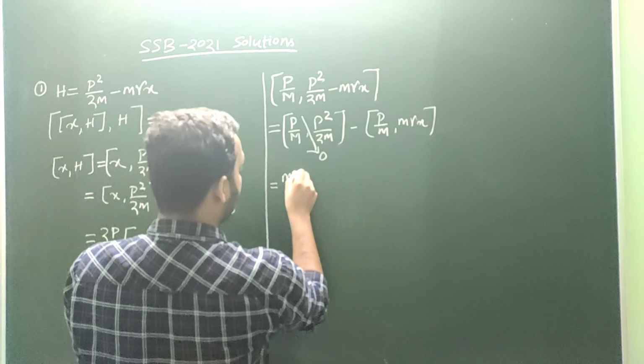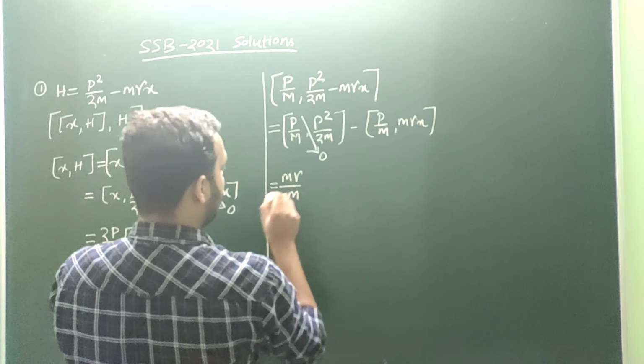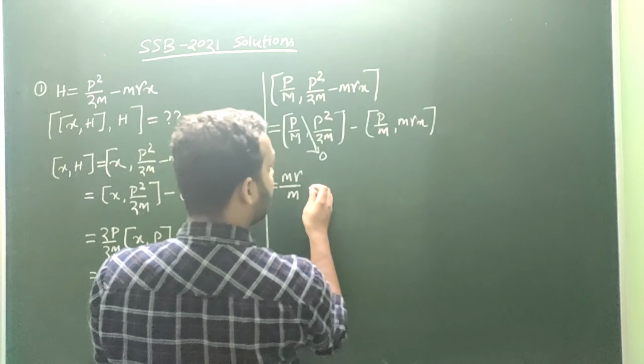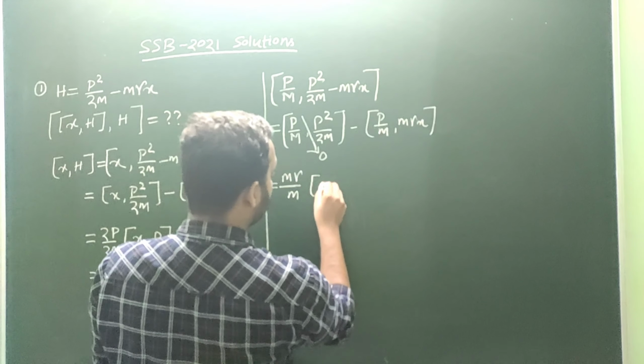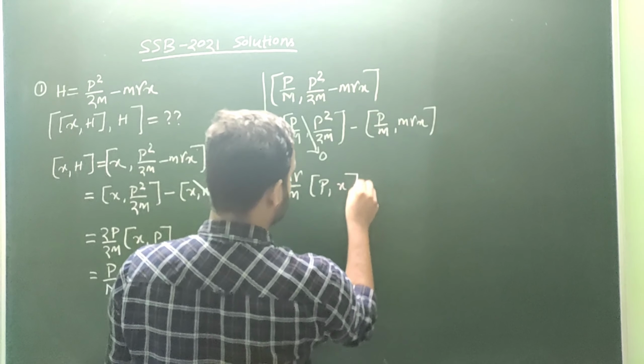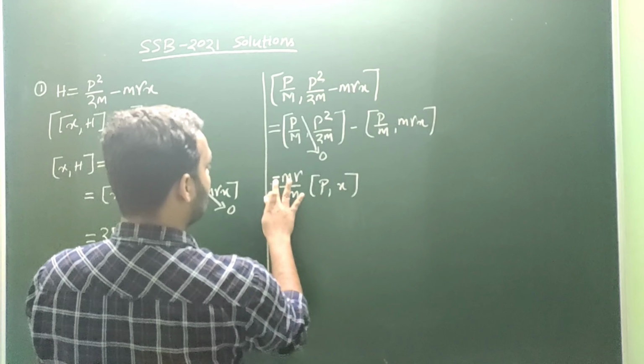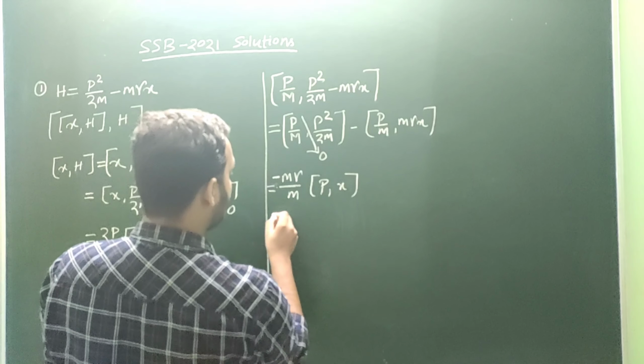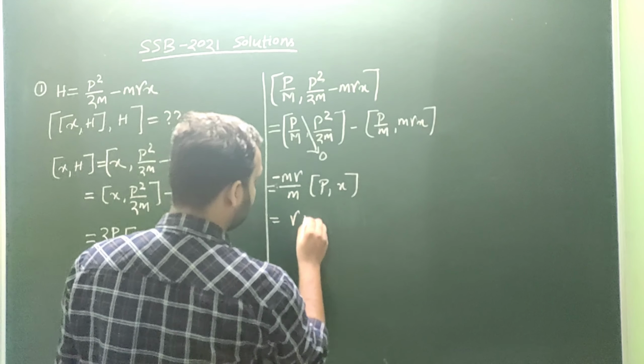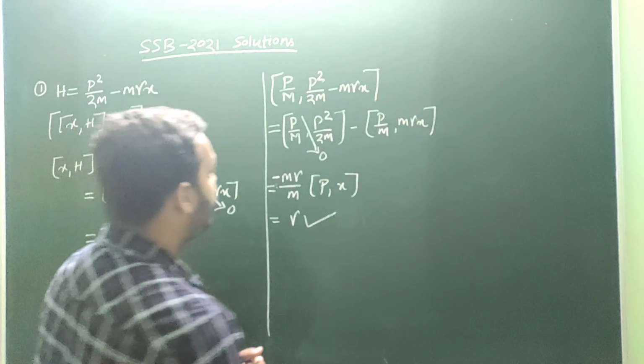This will be m gamma by m and the Poisson bracket of p and x. This is minus 1. Here I am missing one minus sign. This is minus 1. So finally you will get gamma. This is the answer. Right.